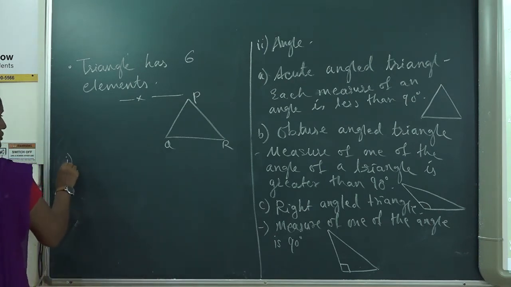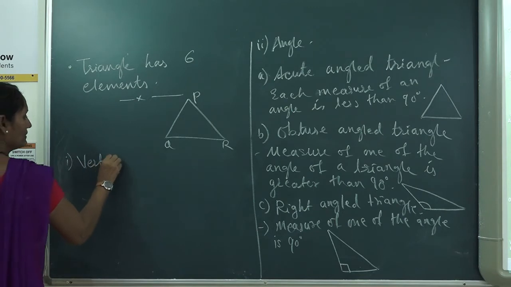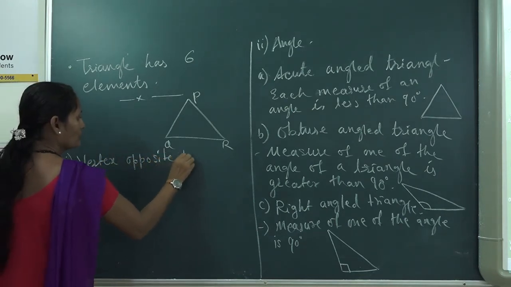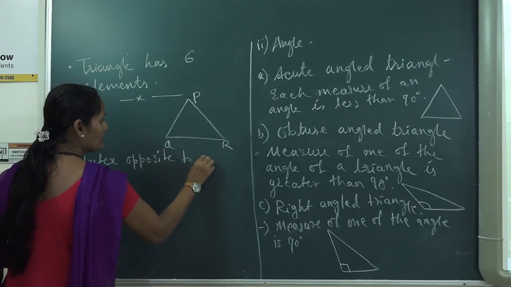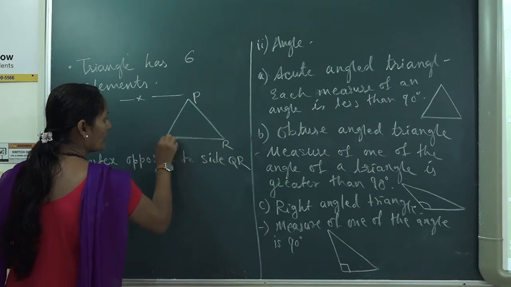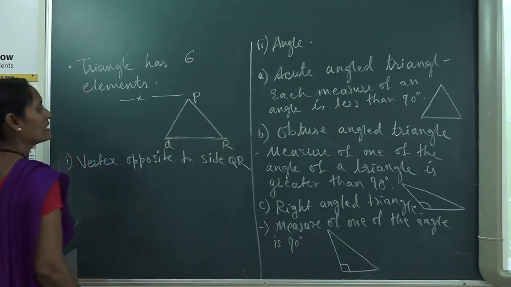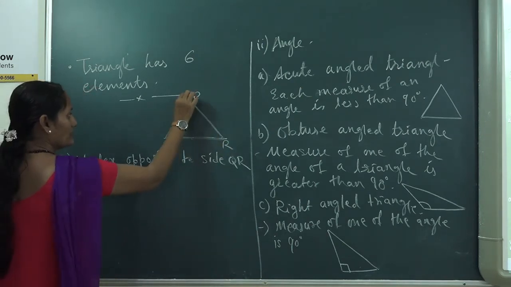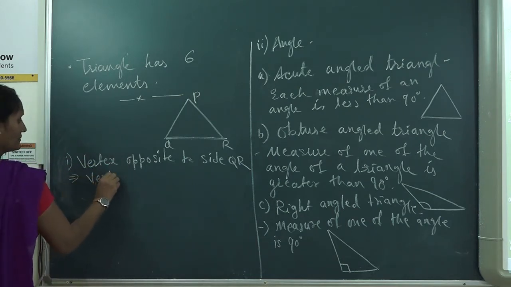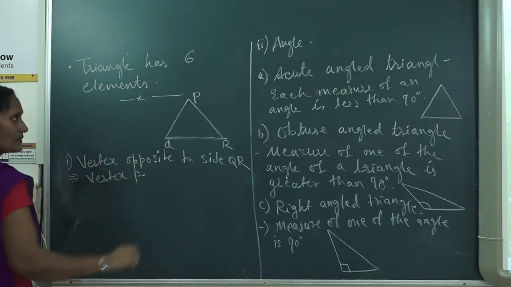Now the first question: the vertex opposite to side QR. Now to this side QR, which vertex is opposite? To this, P is opposite. So your answer will be vertex P.